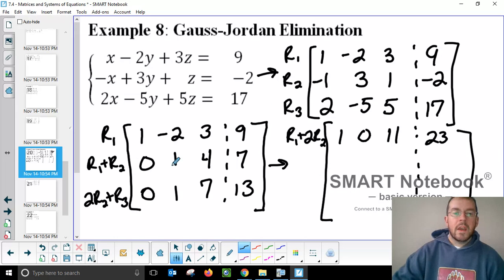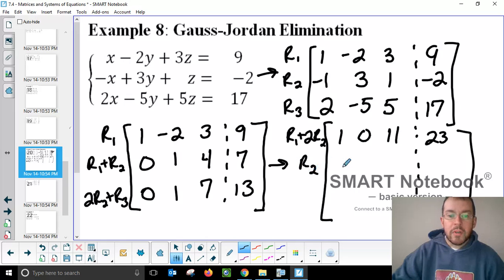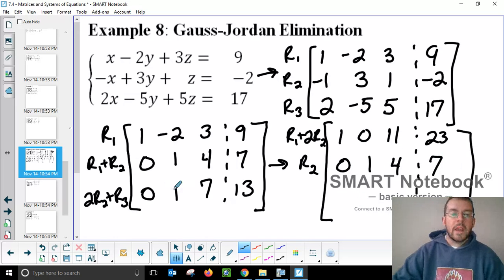Here I want this to be a 1. It is, so I don't have to change row 2 at all right now. So 0, 1, 4, and 7. And I want this to be a 0, so I'm just going to say row 3 minus row 2.